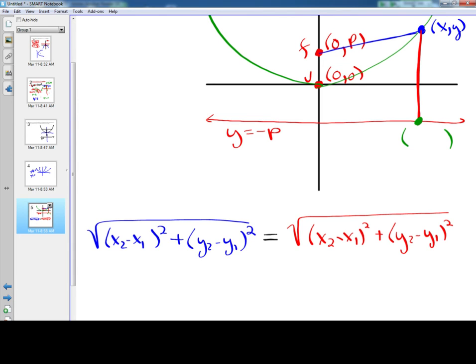X, y, x. Because didn't we label this x, y? Yeah. So shouldn't it have the same x here? Yeah. And what's the y value? Not negative y, because that's y up there, isn't it? Negative p. It's on the directrix. So it's negative p. So that has coordinates of x comma negative p.